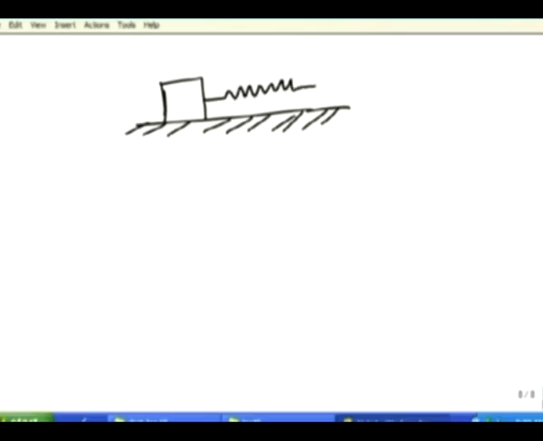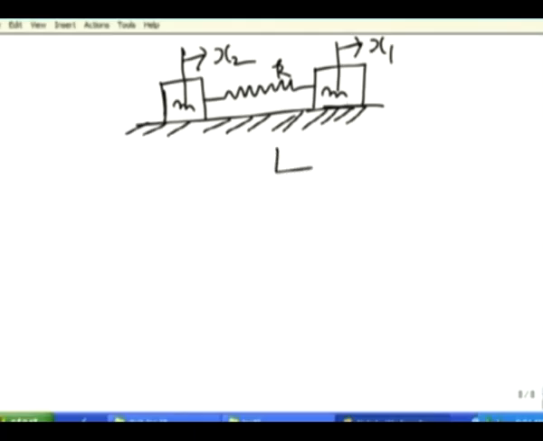Consider the motion of this x1, this is x2. There are two masses m, both are of equal mass, we are just assuming it, and then this is the spring stiffness K. Let us make the free body diagram of this mass.